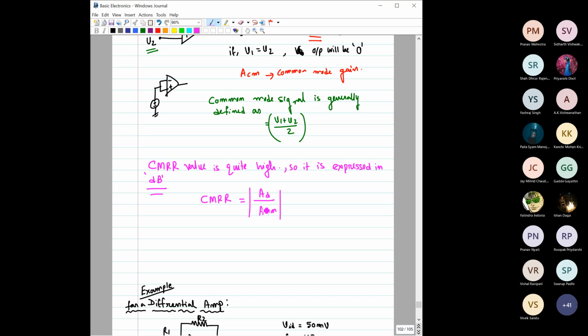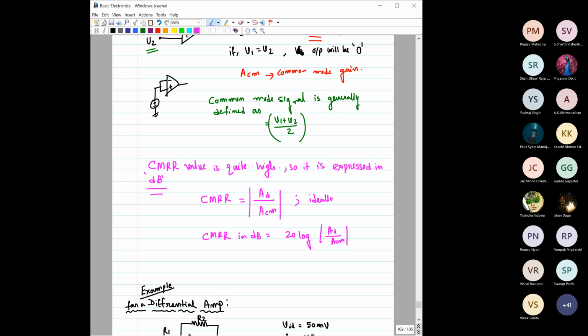We put the mod because this gain, depending on which type of amplifier you are using, might be positive or maybe negative. So CMRR is the ratio of the differential gain by the common mode gain. If you have to take it in dB, then you have to take 20 log mod of AD by ACM.